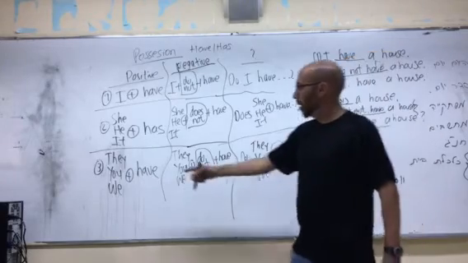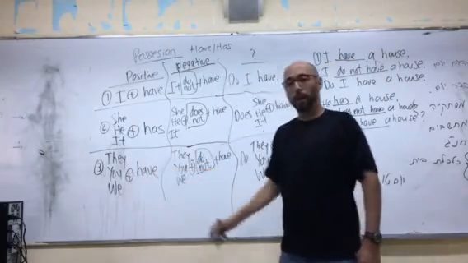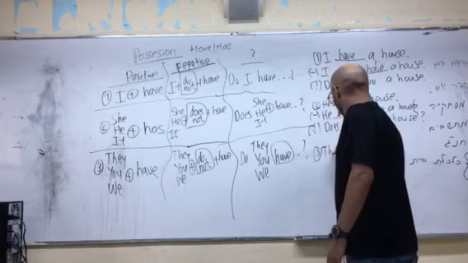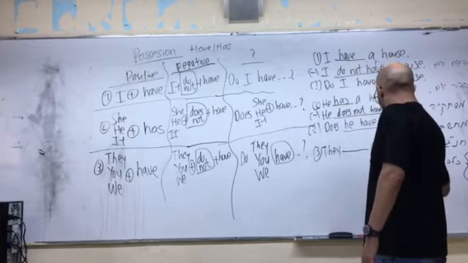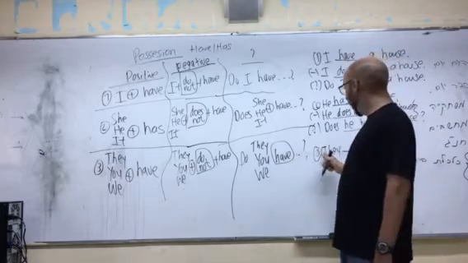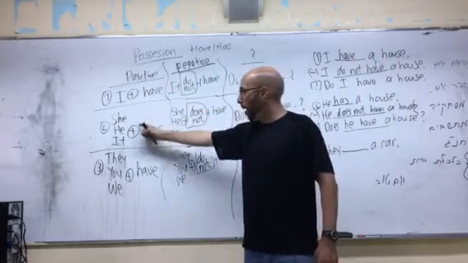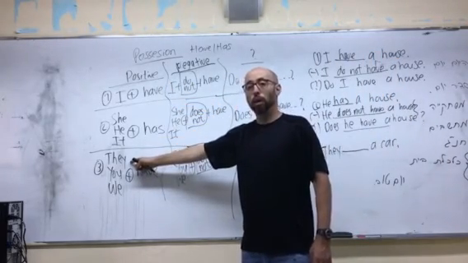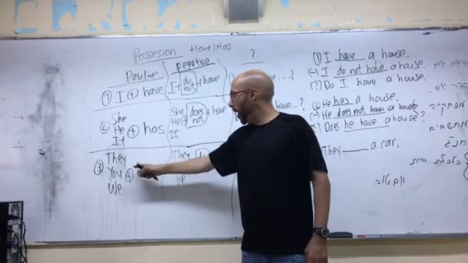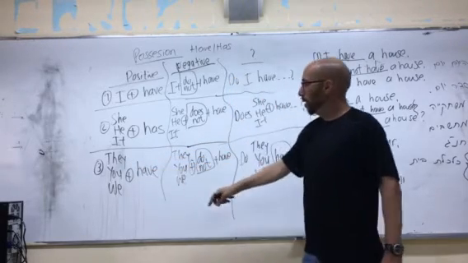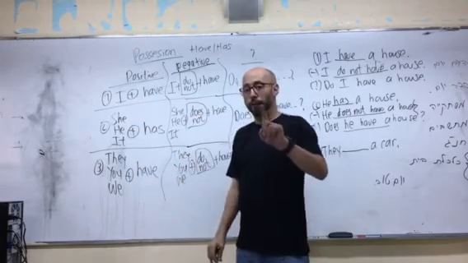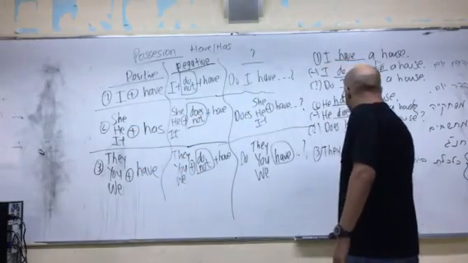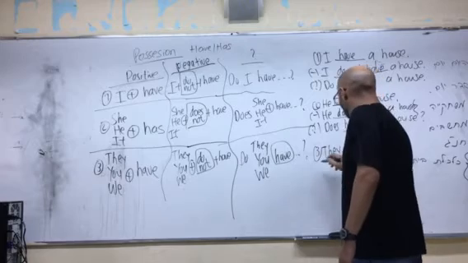Let's do the third person. They a car. They, I scan the three bodies. I come to the third person. They have. The third person, like we said, is identical to the first person. They have a car.